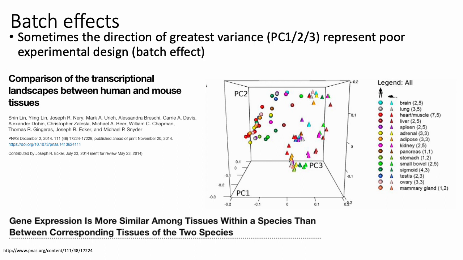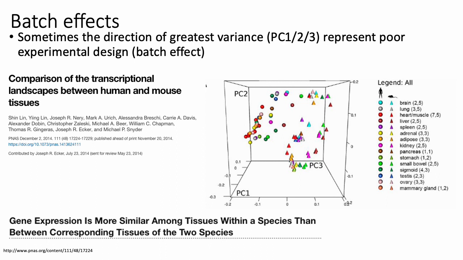The broad conclusion of this paper with respect to this figure was that gene expression patterns are more similar among different tissues within the same species than between the same tissues across the two species.